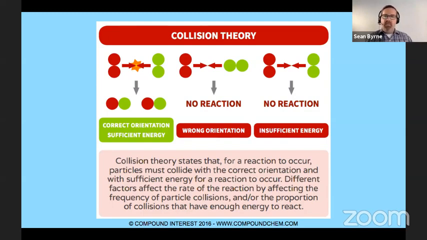And so it doesn't mean that every single collision has to be successful, but anytime we can improve the orientation or improve the amount of energy that solutions have, then the percentage of collisions will increase for our reactions.